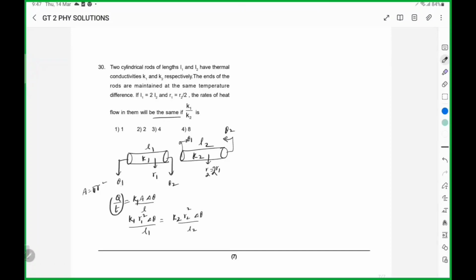Because both are maintained at the same temperature, delta theta will be the same, so it gets cancelled out. R1 here is R2 square by 4, L1 is 2L2, K2 R2 square by L2. It cancels, so K1 by K2 here is 8 by 1.